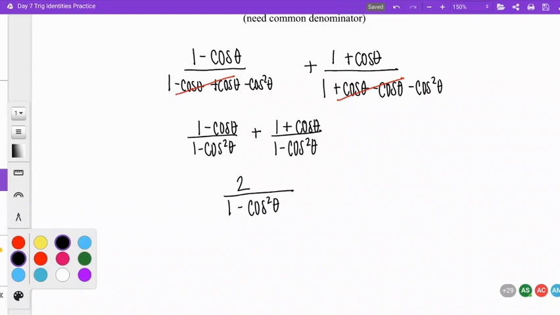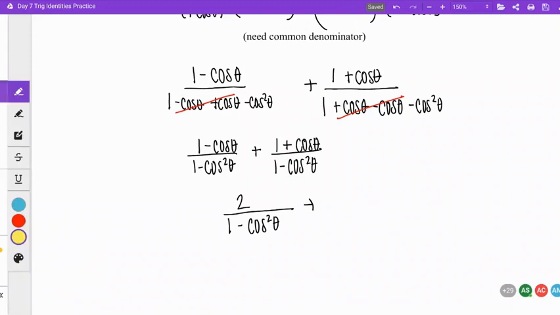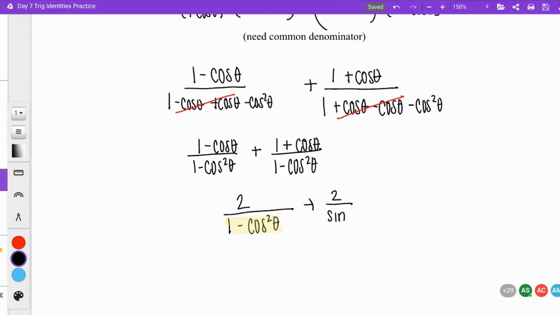Why? Because when you add the numerators together, 1 plus 1 is 2, and then negative cosine plus cosine is just 0. Now we need to keep simplifying. 1 minus cosine squared is actually sine squared because of the Pythagorean identity. So this turns into 2 over sine squared of theta.